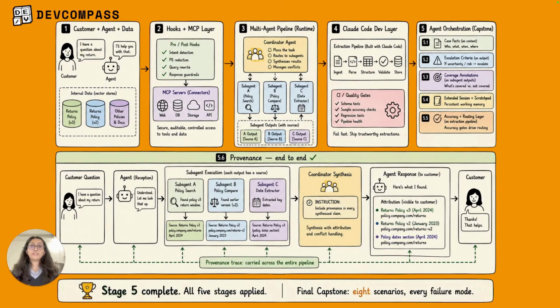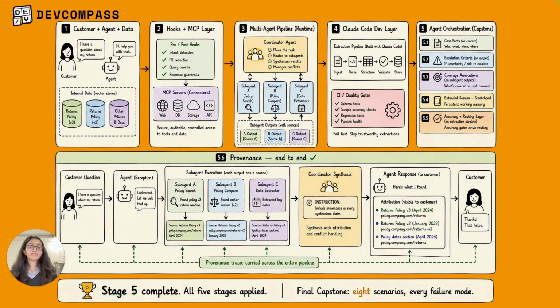Then 5.3 is coverage annotation wrappers on every sub-agent's output flowing to the coordinator, the fix for partial results, hallucination on timeout, and silent conflict resolution. Stage 5.4 is the scratchpad file icon on the extended session agent, sitting external to the context, the fix for extended session degradation and crash recovery.